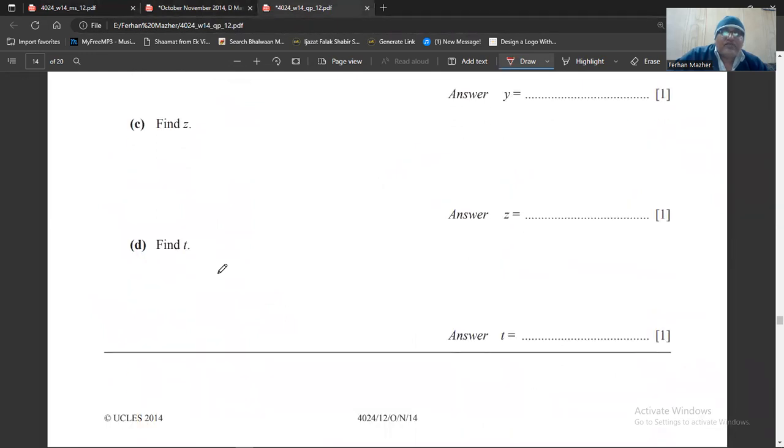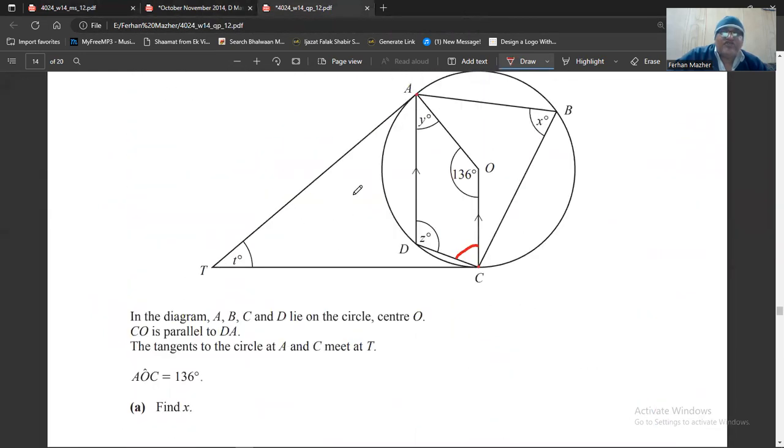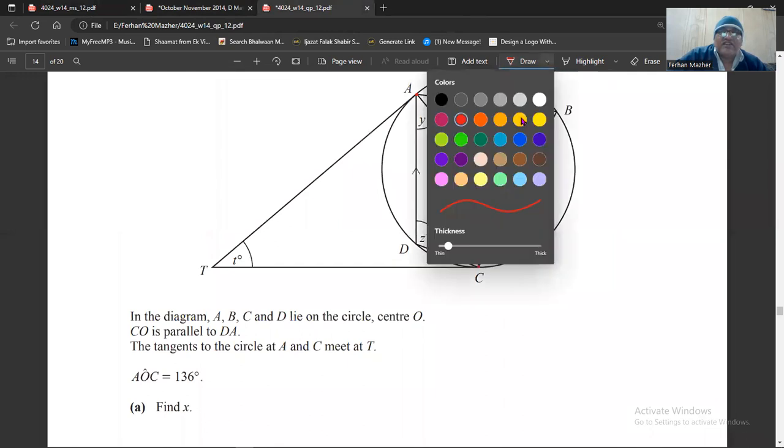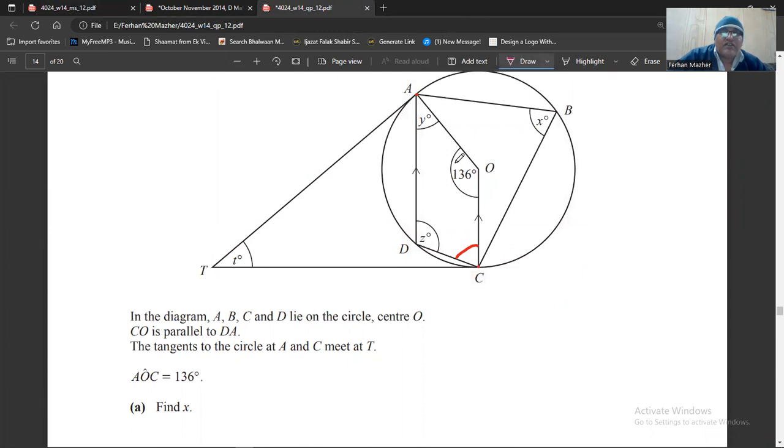Now find the value of t. They want me to find the value of this t. You remember, this is the tangent, and the angle between the tangent and the radius is 90 degrees.